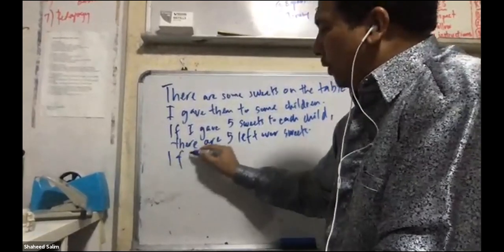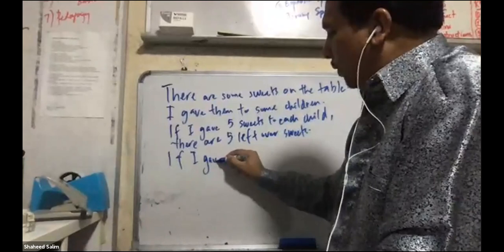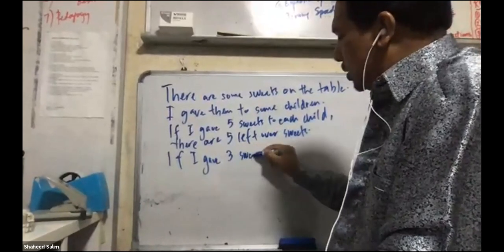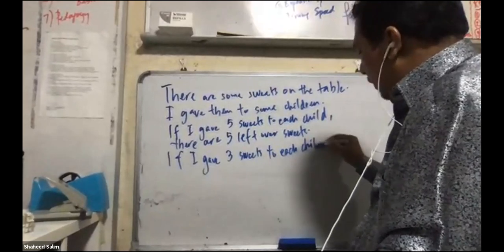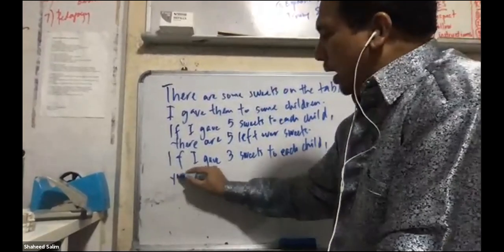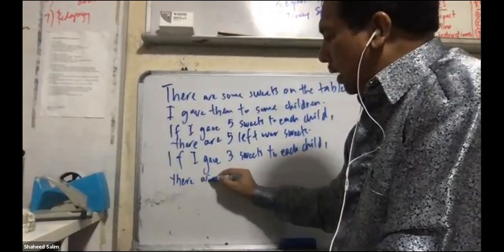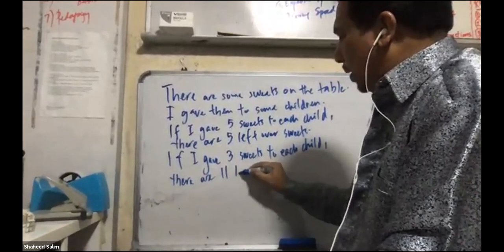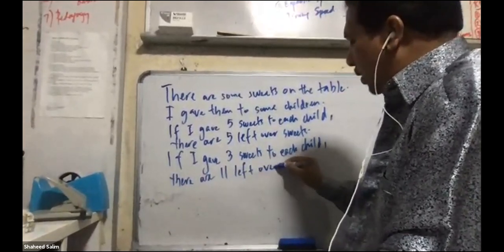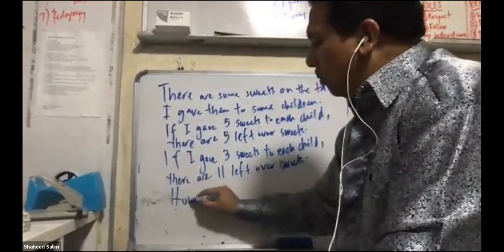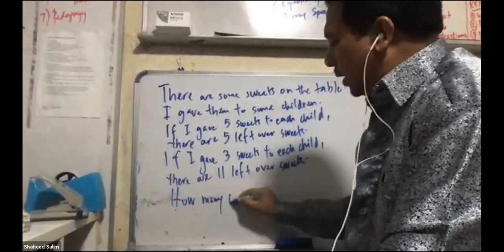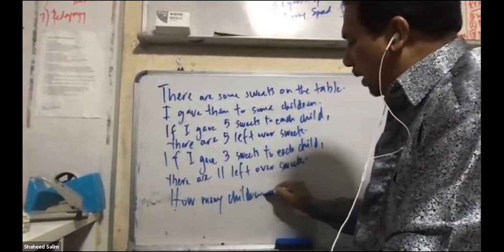If I gave 3 sweets to each child, there are 11 leftover sweets. How many children are there?